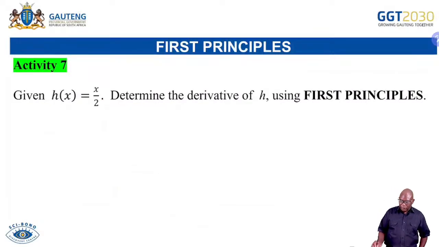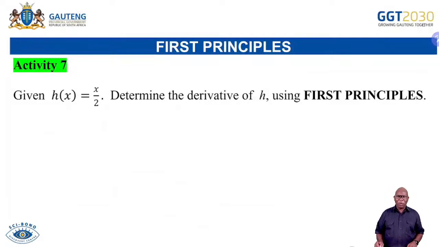Now, the last activity under this first principle, you see how many I've done now. Different kinds. So when you're practicing, you must do all these questions like this. Okay. Now, given h of x equals, now I've got a fraction.